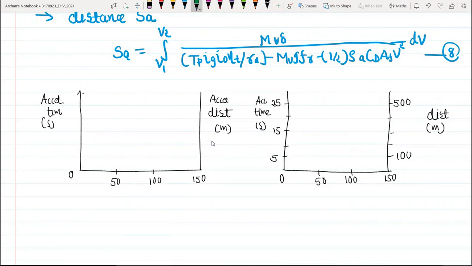Now talking about the characteristics, the time characteristics first. We take vehicle speed versus time in case of the gasoline powered vehicle, and we will get this kind of characteristic. And if I talk about distance traveled, then it will be like this.